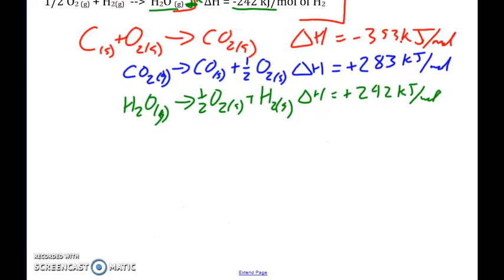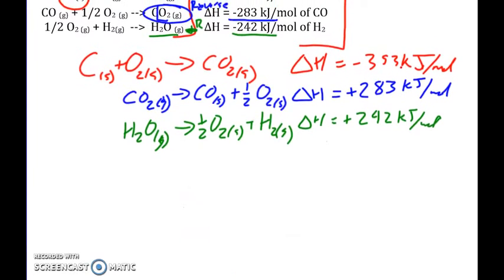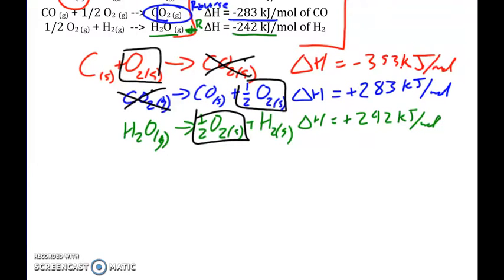So now we can start to add it up and see if this all works out. If we've got carbon dioxide on the left side and carbon dioxide on the right side, quite simply, we can cancel those out. Now we've got oxygen here on the left side, and we've got half a molecule of oxygen gas here and half a molecule of oxygen gas here.